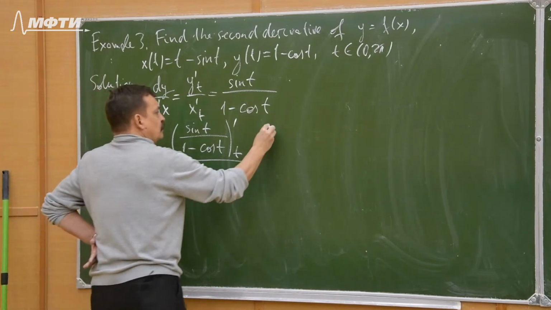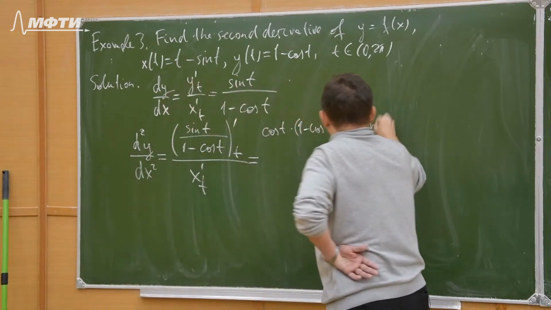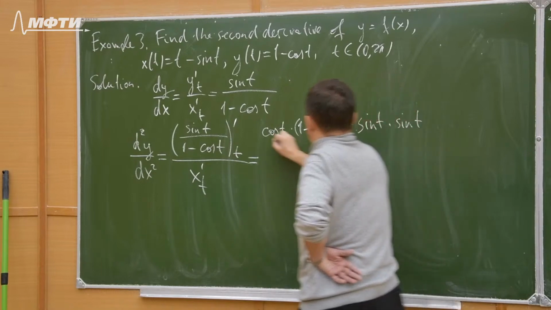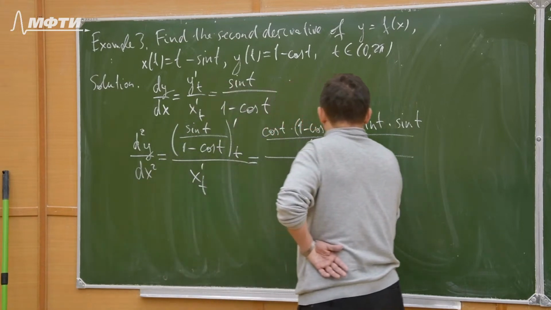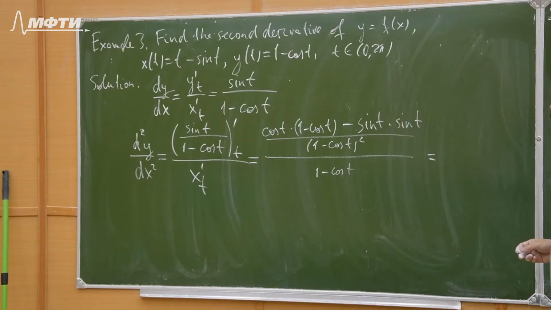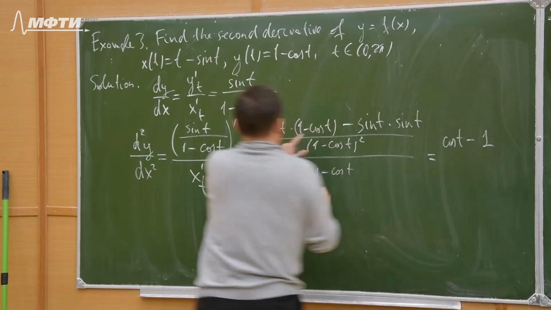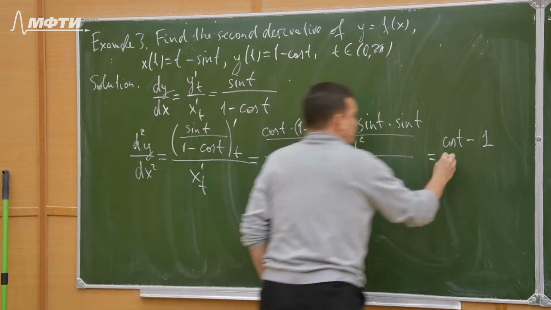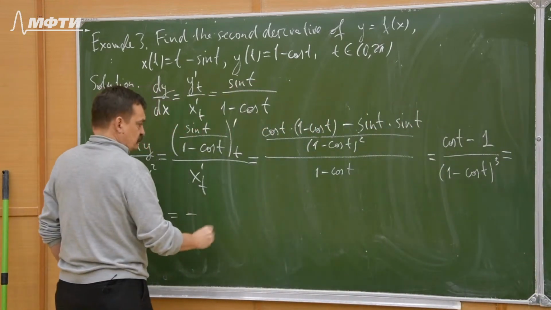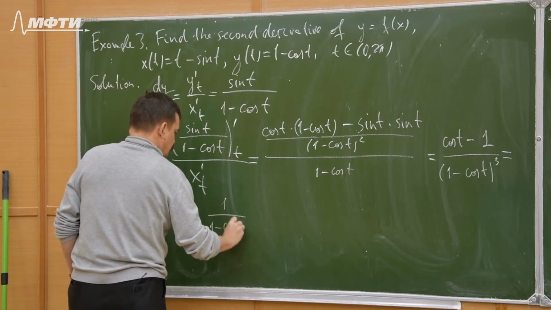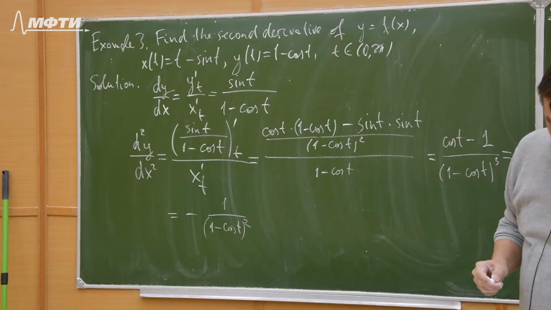That's cosine t times 1 minus cosine t minus sine t times sine t over 1 minus cosine t squared, over 1 minus cosine t, and it gives cosine t minus cosine squared and sine squared over 1 minus cosine t cubed, or finally minus 1 over 1 minus cosine t squared. That is the second order derivative.